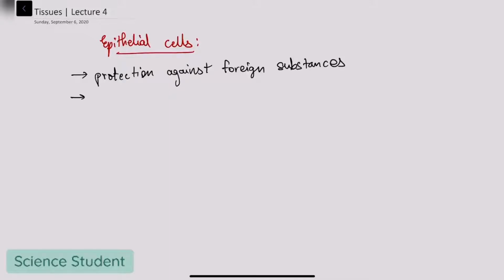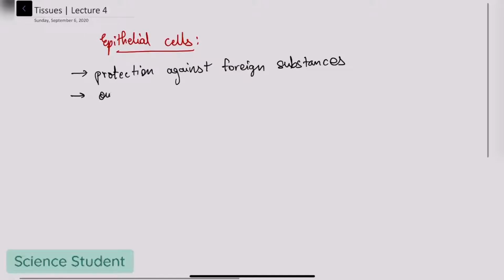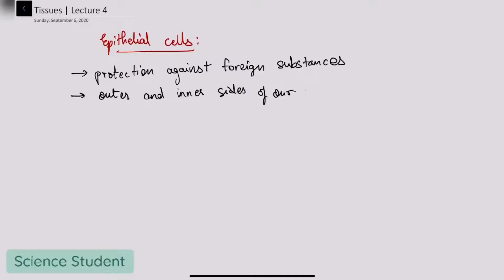These epithelial cells are present on the outer and inner side of our body, like the lining of the organs, or the biggest organ of our body, the skin, which is epithelial tissue.